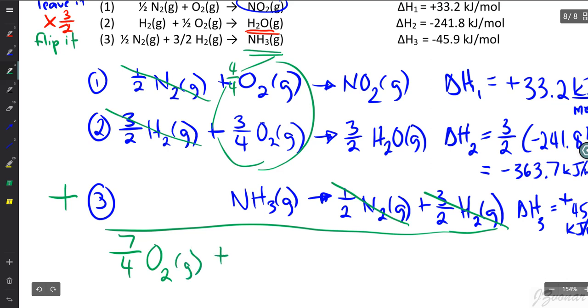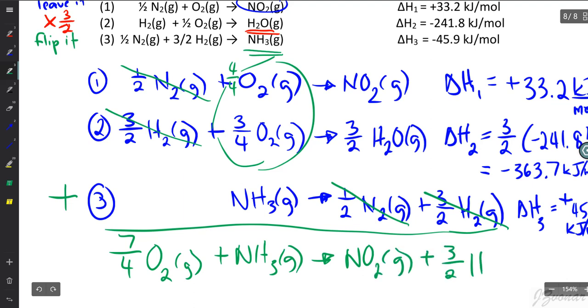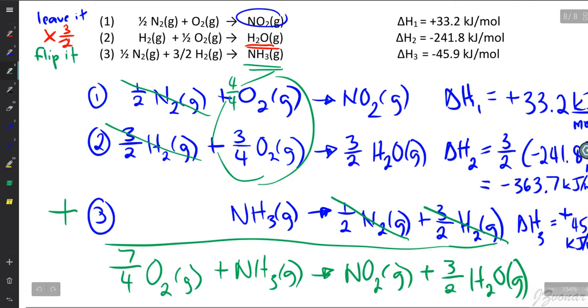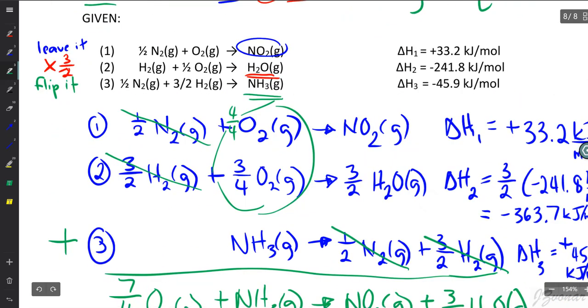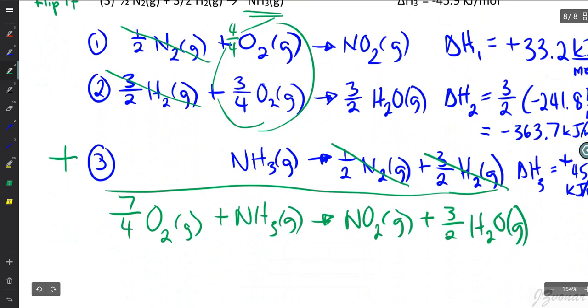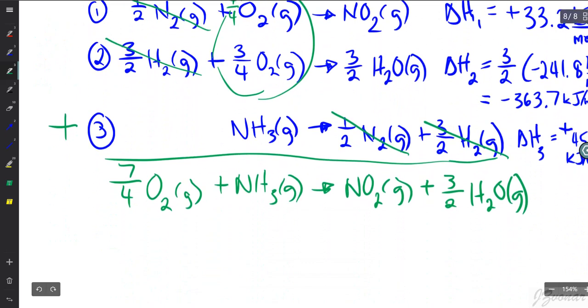And then I've got this ammonia as part of my reactants. Going over to my product side, I've got 1 NO2 molecule, and I have 3 over 2 H2O. Is this my target equation? Yes, it is. All right, so if we scroll back down there, we see that it is actually our target equation.